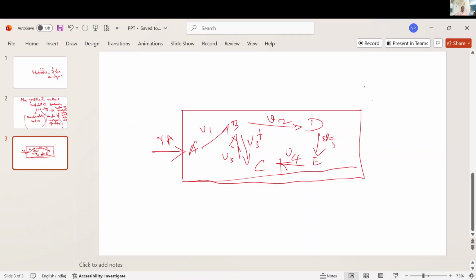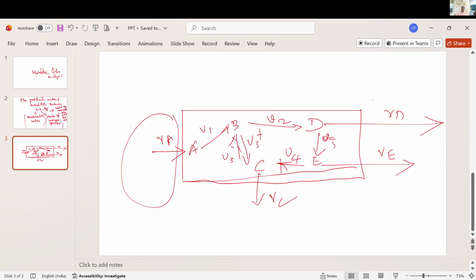The products which are going to be coming out of the system are RD, then RE, then the next one is RC. So only one reactant undergoes and gives the products RD, RE and RC.